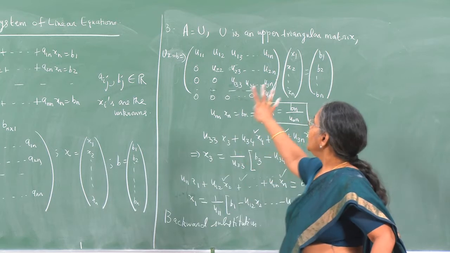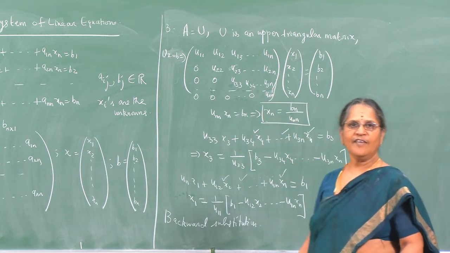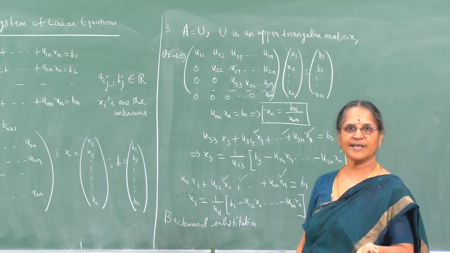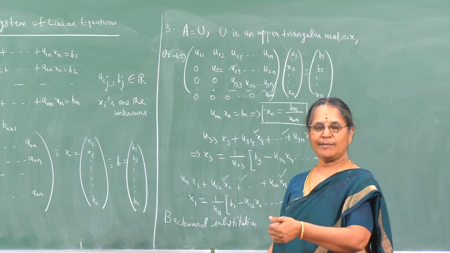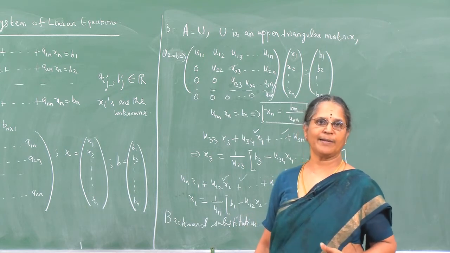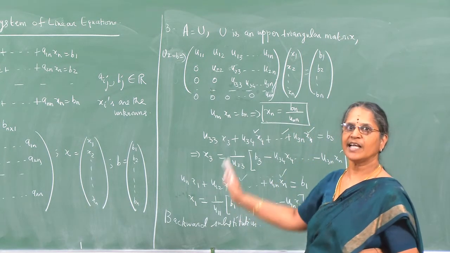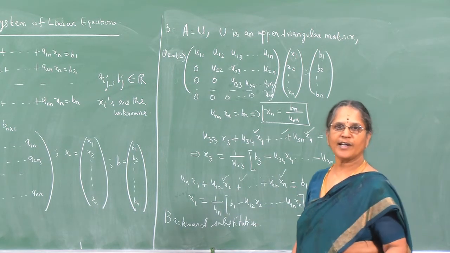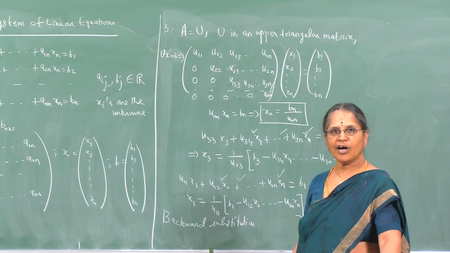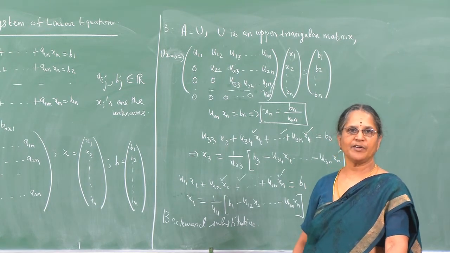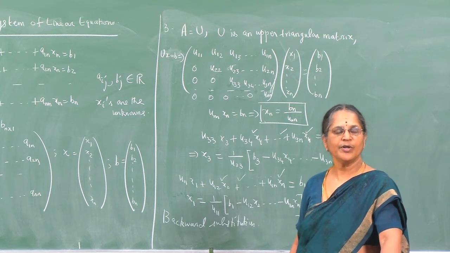But these suggest that if we can reduce the coefficient matrix A of the given system to a diagonal matrix or either a lower triangular or an upper triangular matrix, then the solution can immediately be obtained. So, we now look for some general purpose algorithms that will help us to solve a system of equations Ax is equal to b.